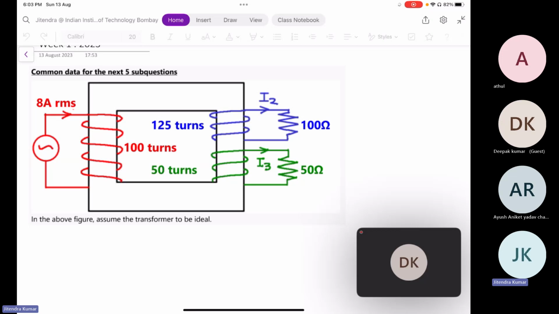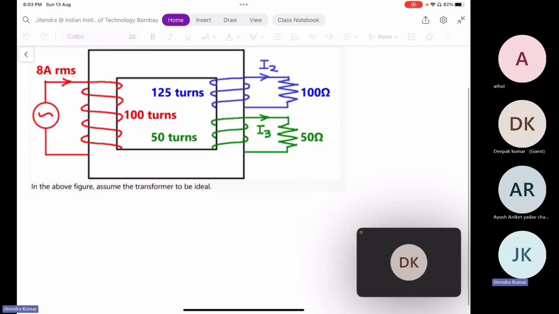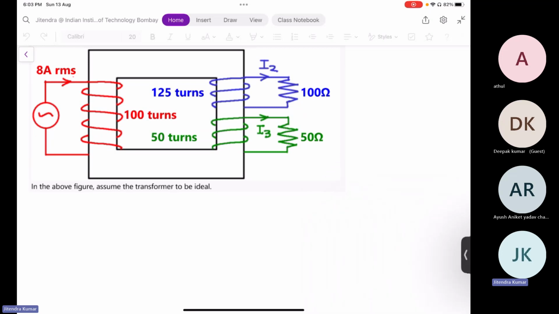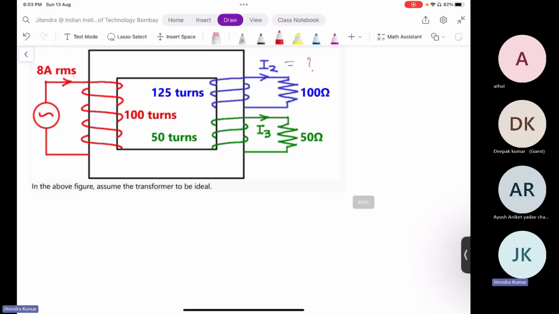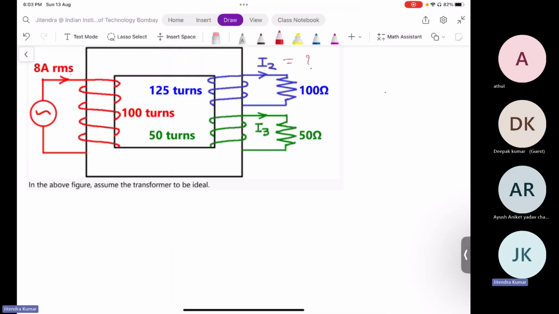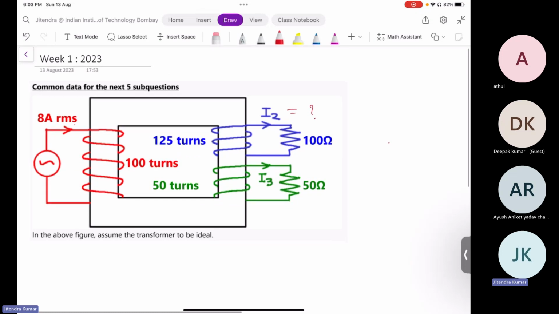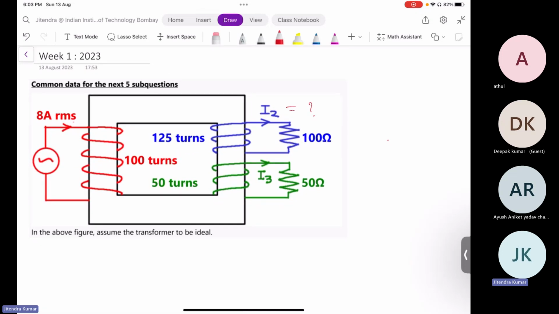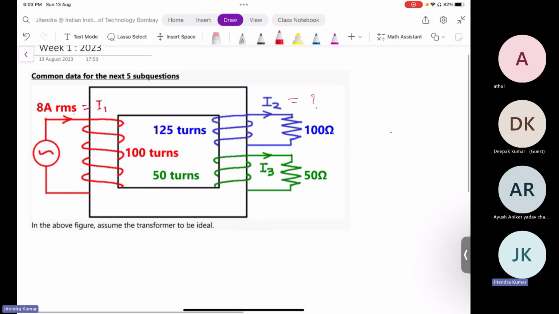Initially, we were asked to find out I2. We have I1, which is given as 8 ampere. I3 is not given.